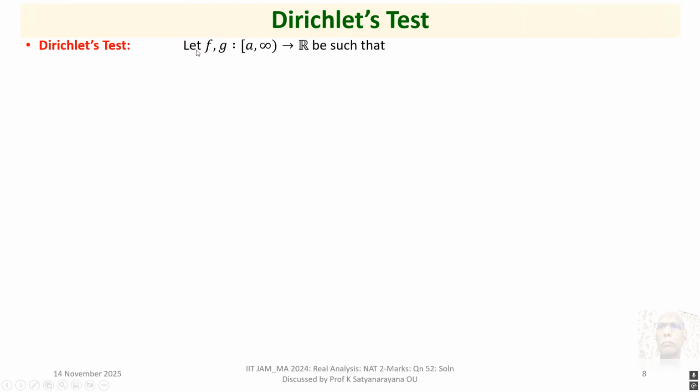We have two functions. Let f, g be two real valued functions from the interval a to infinity, closed at a, to R, such that the first condition, f is decreasing and f of t tends to 0 as t tends to infinity.